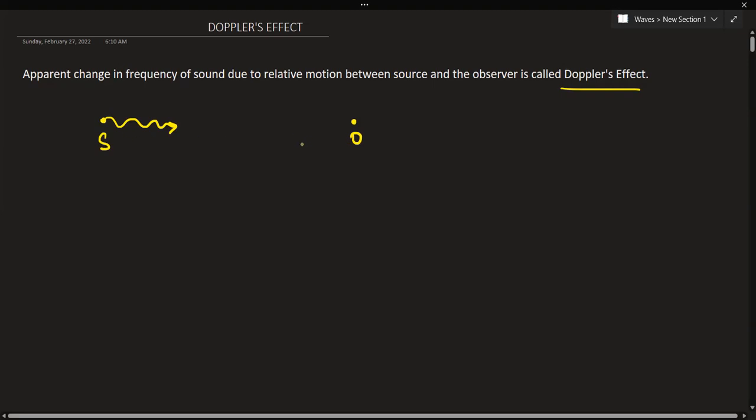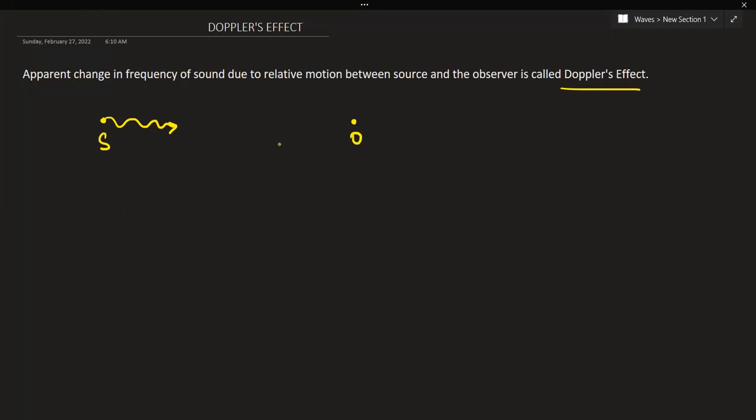When we are near to the horn, we can hear it loud. So what is this? The frequency of sound is raised when the source of sound approaches you, and lowered when the source is moving away from you. Right or not?